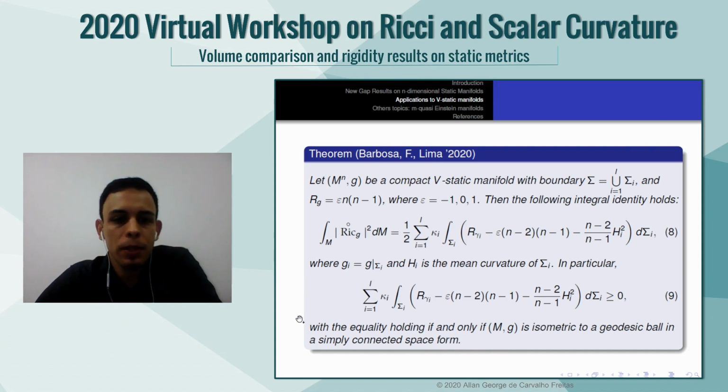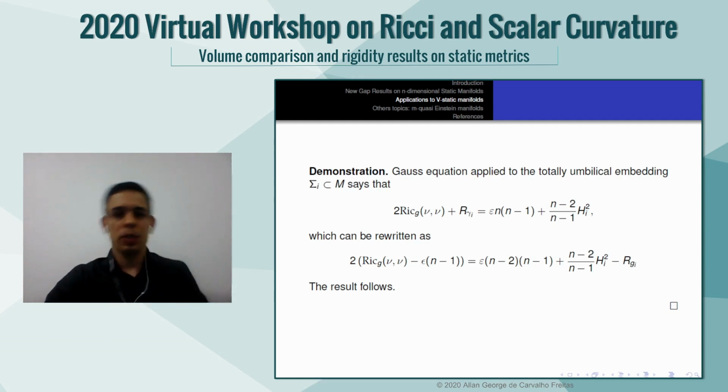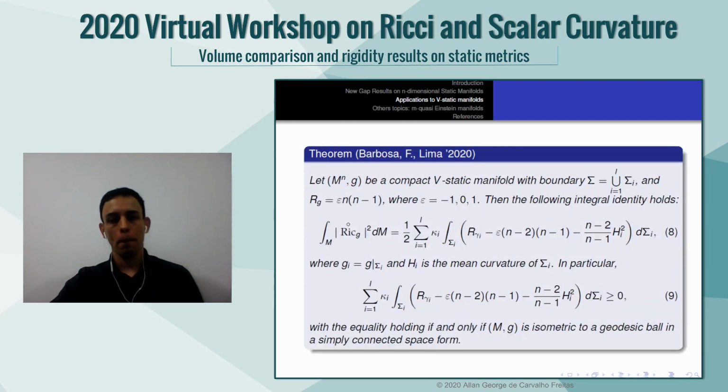And we have this inequality, where equality holds if and only if the manifold is isometric to a geodesic ball. To obtain this, we just use again the Gauss equation and the previous identity, okay?